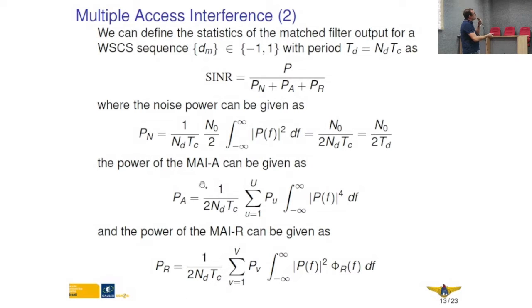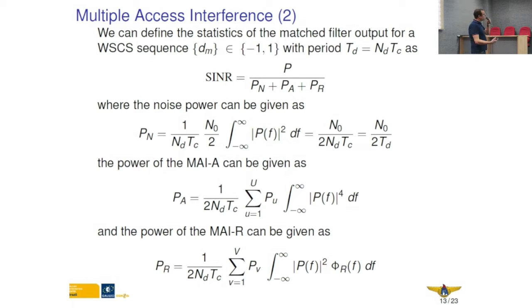And then we can set up this model. In general, the signal to interference plus noise ratio is the power of the signal over the power of the noise plus the power of the intra-system interference plus the power of the inter-system interference, P_R. Now we can calculate these different powers based on the assumptions from the previous slide.